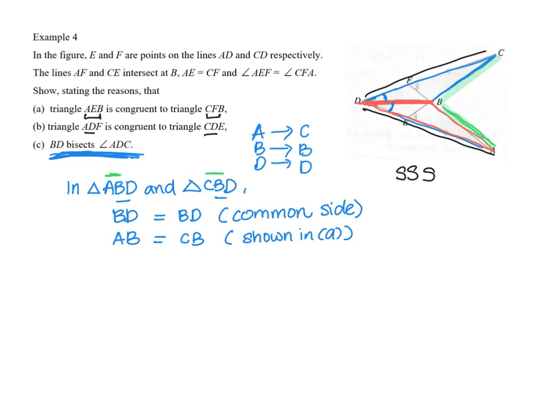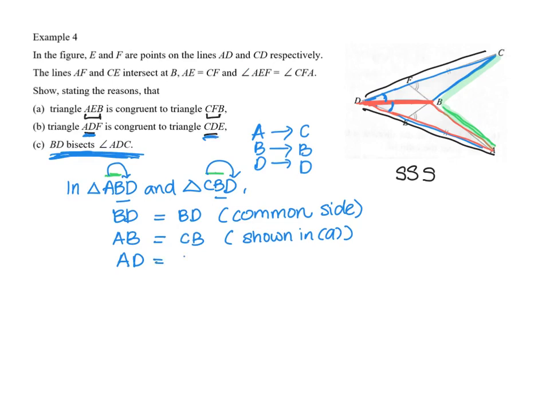Then let's look at our third side. Third side, just now we mentioned we can have AD to match with CD. So AD over here matches with CD over here.